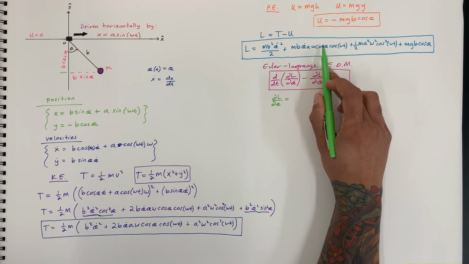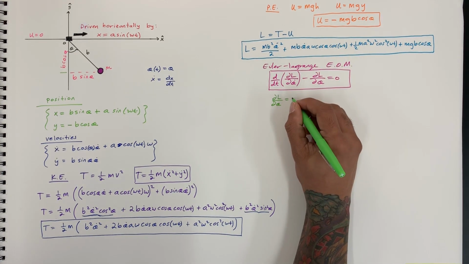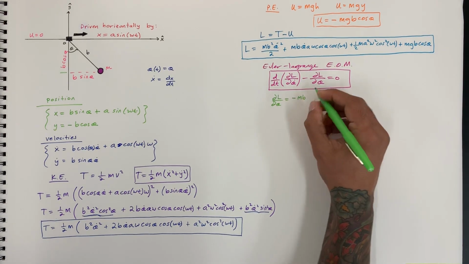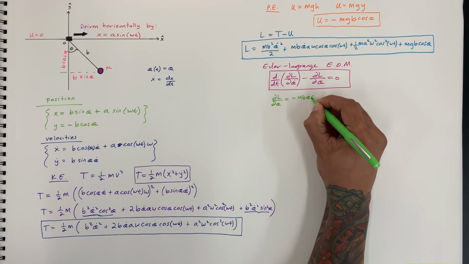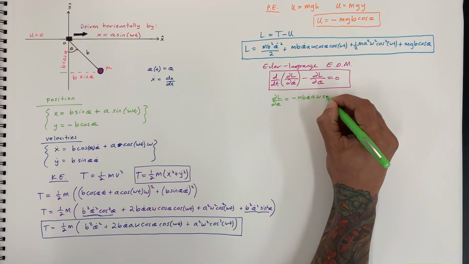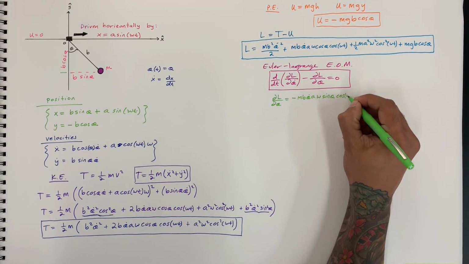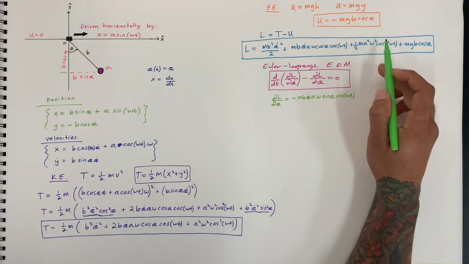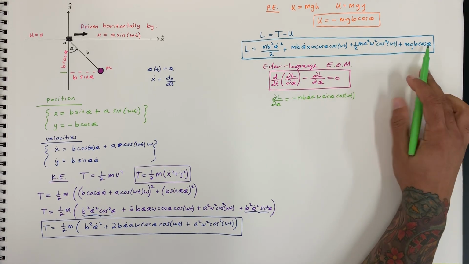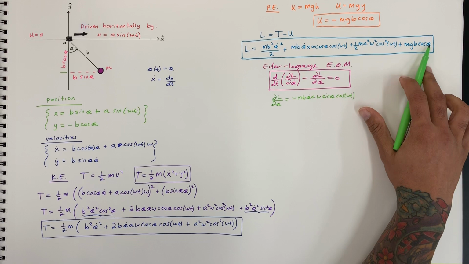So the partial derivative of cosine is going to be negative sine, so we're going to have negative mb theta dot a omega sine theta, and everything else stays the same. Okay, and then if we keep looking for theta, this last term here also has a theta.